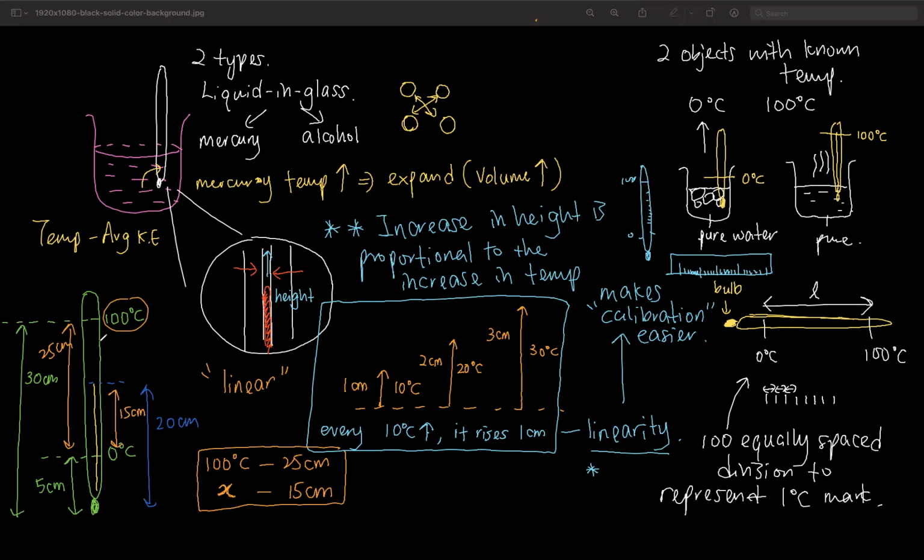And every single division represents 1 degree Celsius. Okay, so you just do the cross multiplication, and then 25x equals 1500. X equals 1500 divided by 25, you get 60 degrees Celsius. So the answer is 60 degrees Celsius.